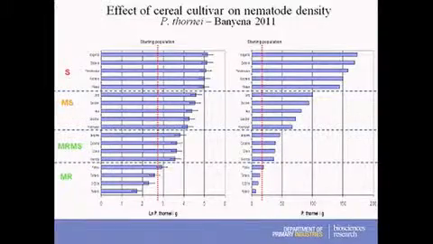The other thing about managing, once we know that we've got a paddock which has got yield limiting or yield affecting levels of nematodes there, is what can we do to manipulate those nematode numbers? And that's where we grow a range of varieties in the field and look at the effects that they have on the nematode numbers. So we've got the varieties running down here, and this is the nematode population, and this is a log number so that you can actually see the error bars on there.